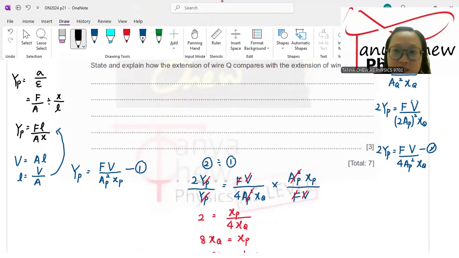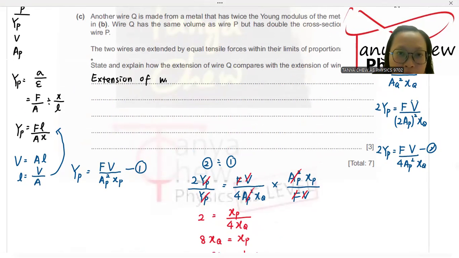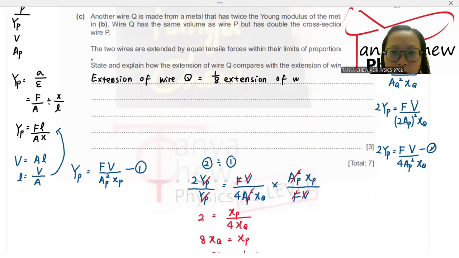Now, extension, state and explain. Right, okay, all these equations, if you want to write it down, feel free to do so. Extension of wire Q is equal to 1 over 8 extension of wire P, right? Because why?